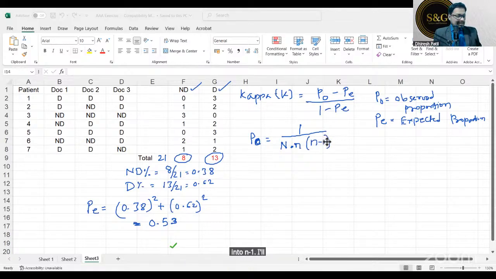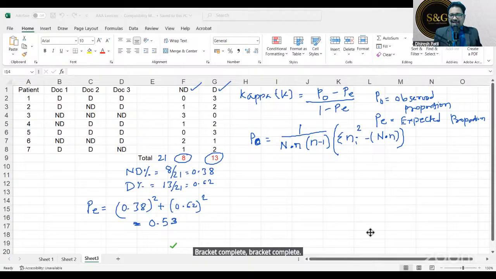I'll explain what N is, etc. First, write this down. In bracket, summation of Ni squared, write this down, I'll explain, minus N into n. Bracket complete, bracket complete.